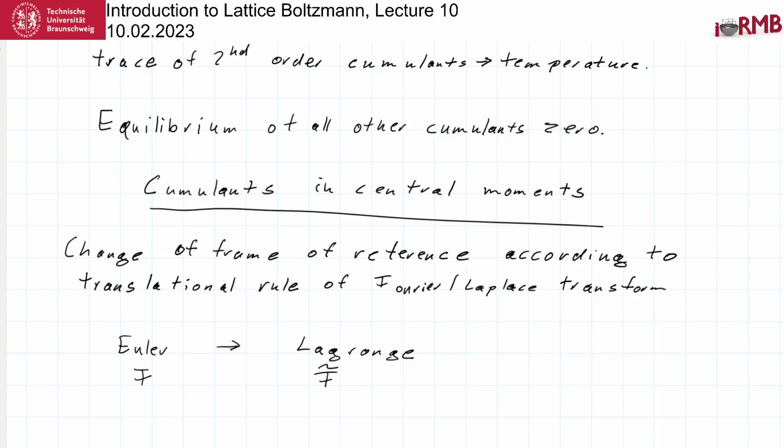We can move distributions by multiplying by the exponential function of u times xi. The Fourier transform is just changing the origin.